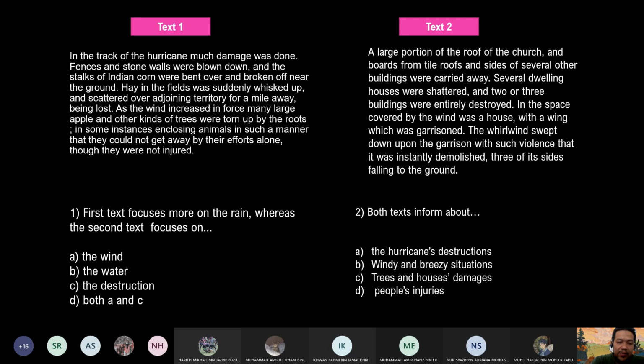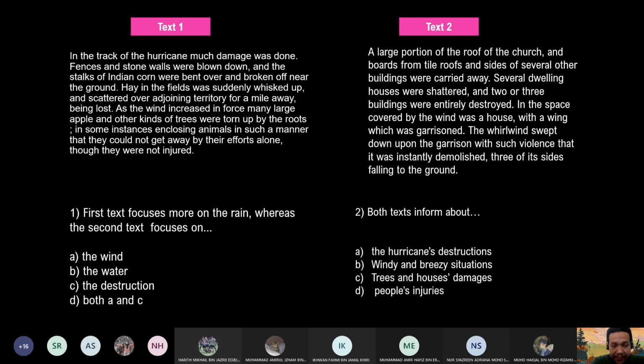Okay. And you kena baca dua-dua lah. Because the first text focuses more on the rain. Whereas the second text focus on what? Okay, number 2, both text inform about what? Okay, so first question, you have to find the differences, and the second question, you have to find the similarities of the issue discussed.